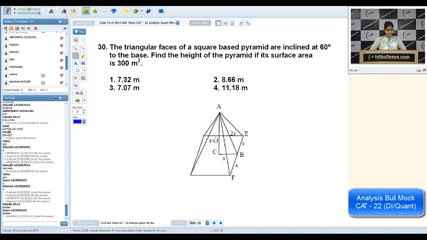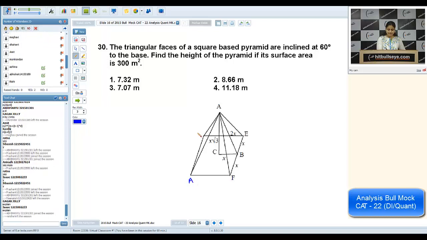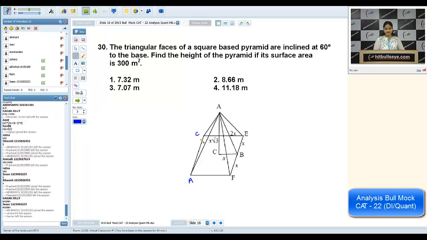Isaac and Gagan. See, what is the thing given? The triangular faces of a square based pyramid are inclined at 60 degrees to the base. Find the height of the pyramid if its surface area is 300 meters square. First of all, make a figure. Here I'm naming them, let it be A, C. What is the square base here? That is AFEC.